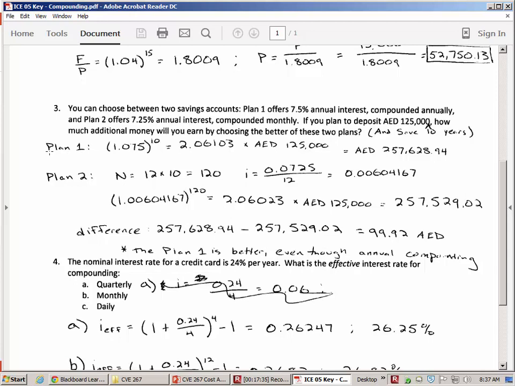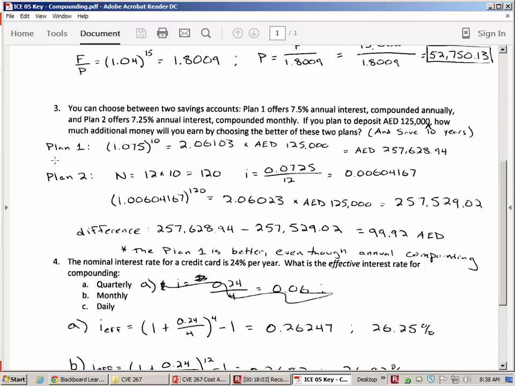And so you look at Plan 1, how much you'll get if you choose Plan 1. So it's just annual compounding. We're using the same formula as before, 257,628.94. Now in Plan 2, since it's annual interest, don't let that trick you into forgetting that you need to compound monthly, because they will say annual interest, but right after that it says compounded monthly.